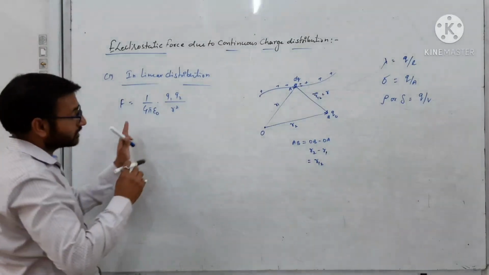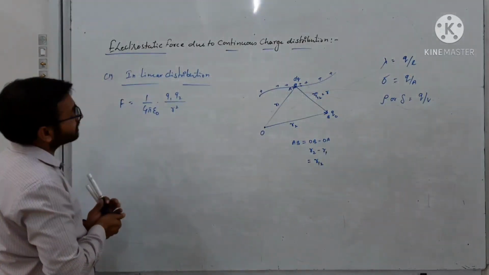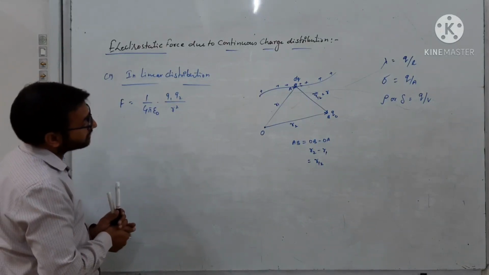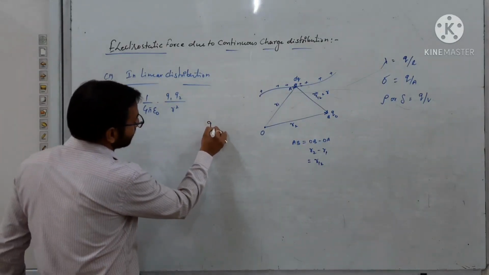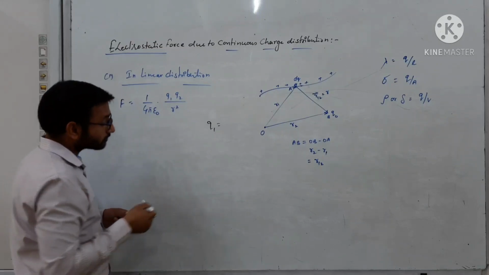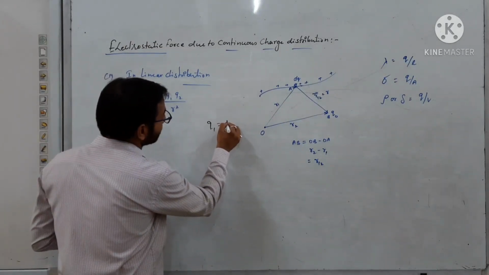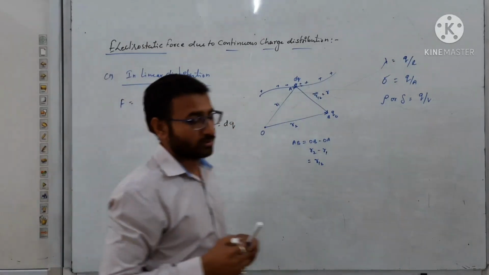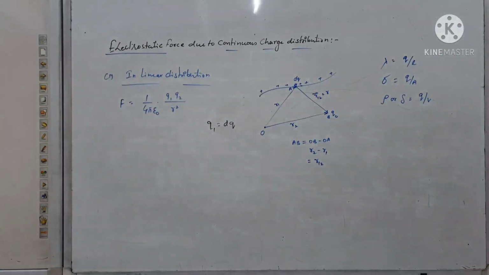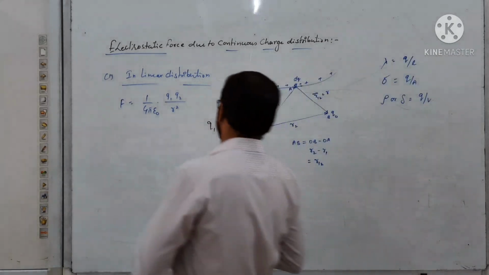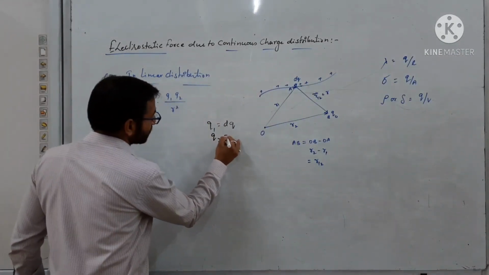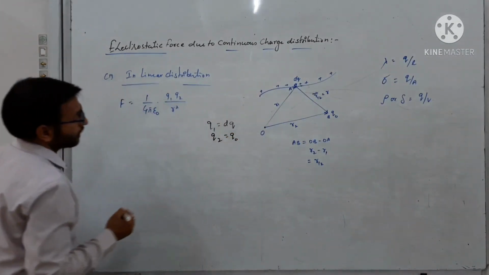Okay student, this is the common formula for force, but because here we are thinking about the linear charge distribution, q1 is replaced by the elementary charge dq, and q2 remains the same, which equals q0.